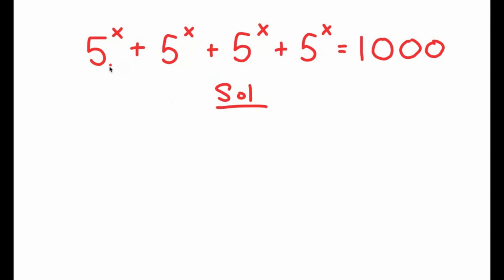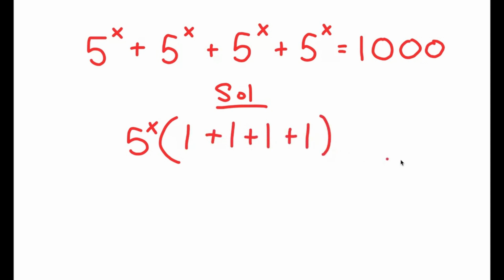Because as you can see, we have 4 of the same terms on my left-hand side, and the easiest way to go about solving this equation is to factor them out. So I get 5 to the power of x times, well, 5 to the power of x divided by 5 to the power of x is simply 1, so I get 1 plus 1 plus 1 plus 1 is equal to 1,000.